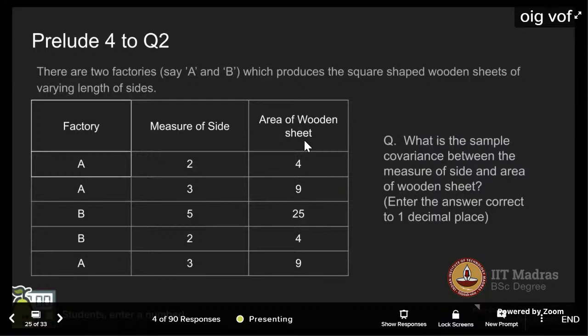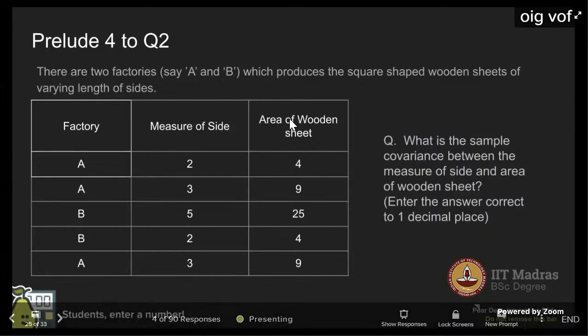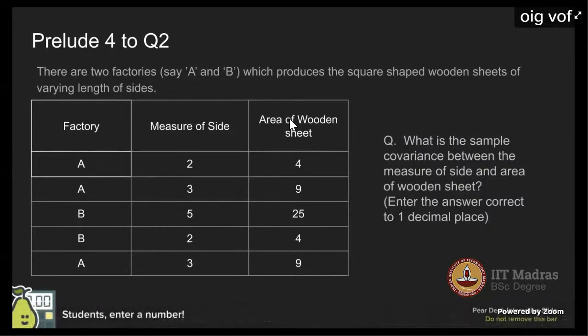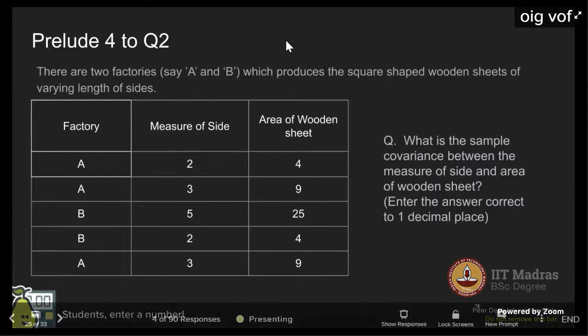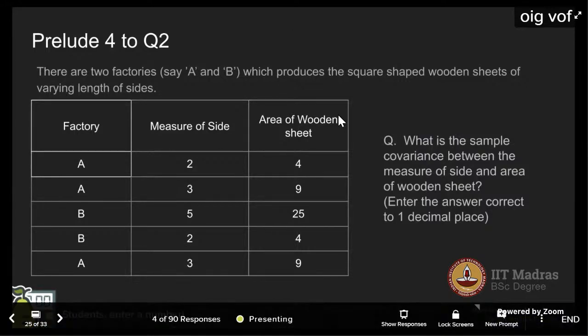If you are taking population covariance, take population standard deviation for both. If you are taking sample covariance, take sample standard deviation for both. Okay, thank you.